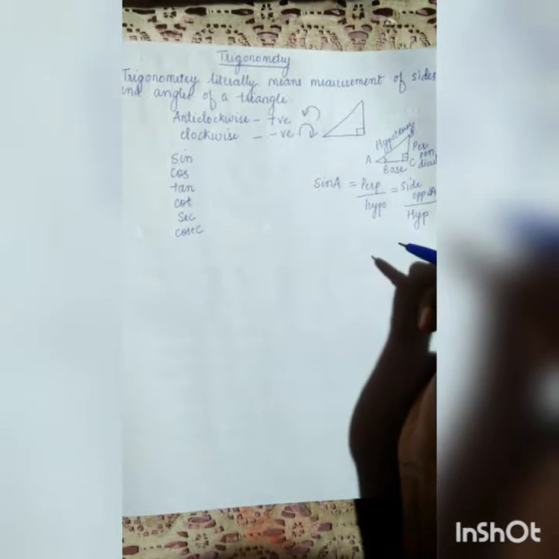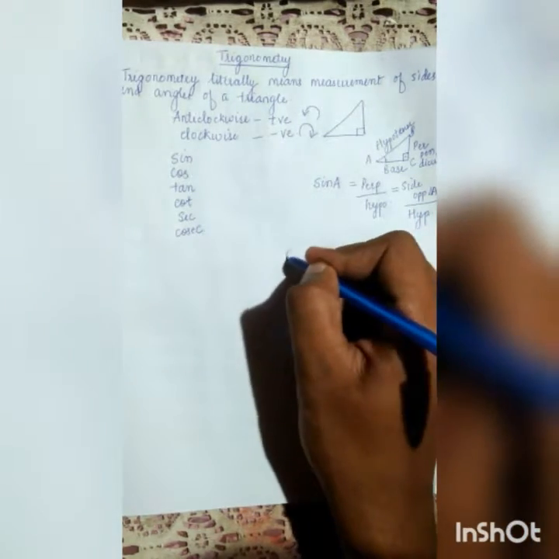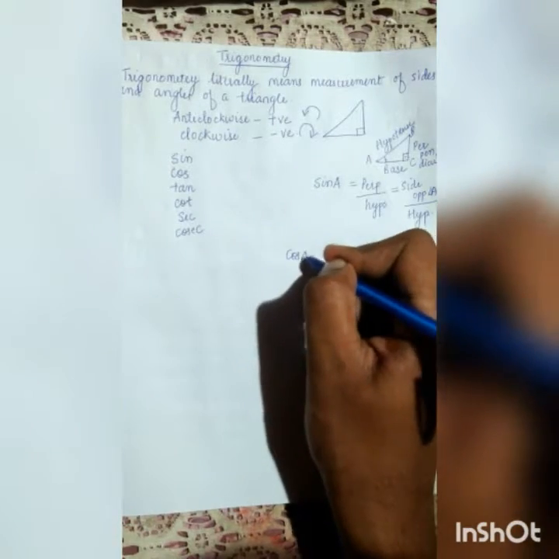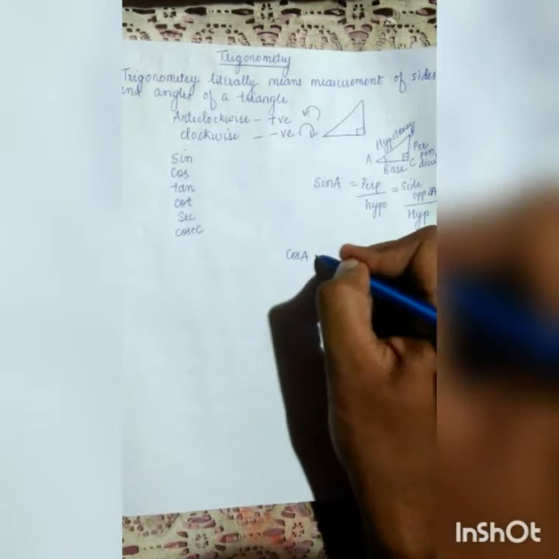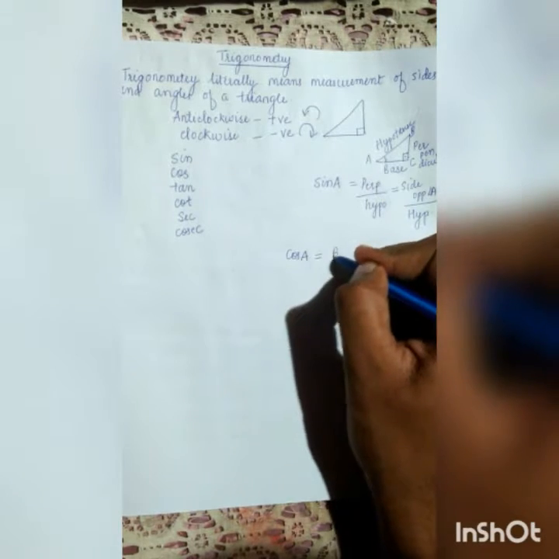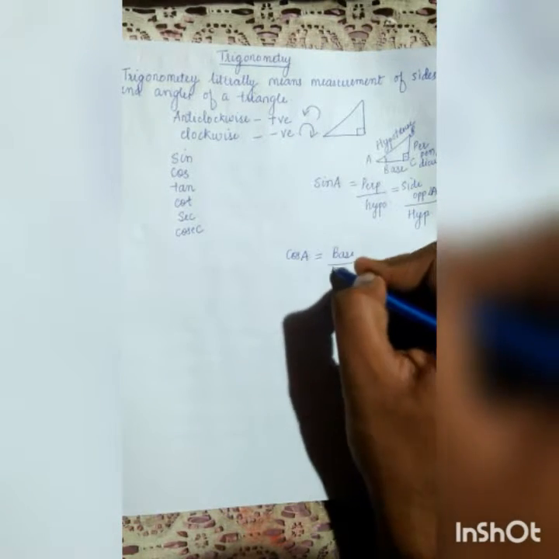Now another trigonometric ratio is cos A. Cos A is given by base by hypotenuse.